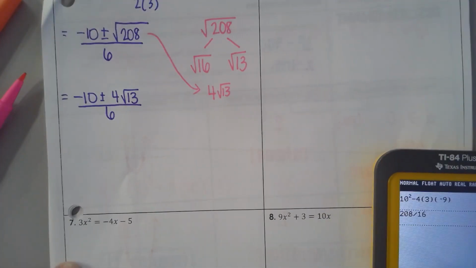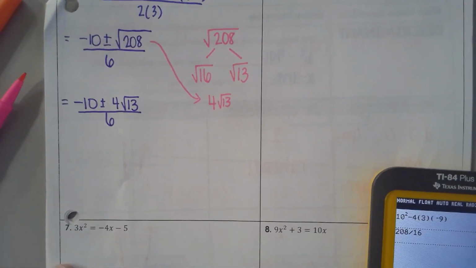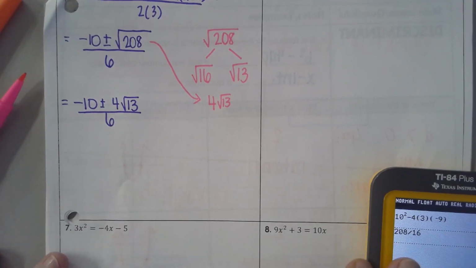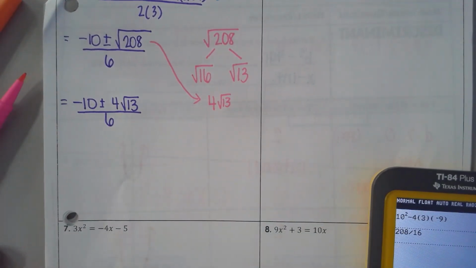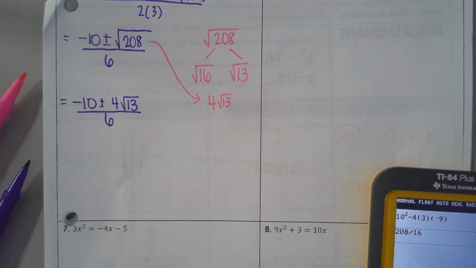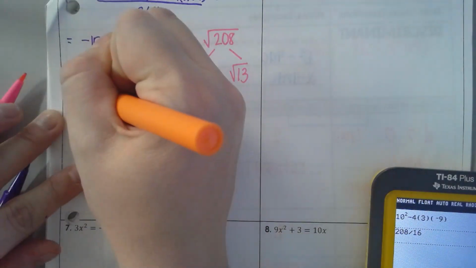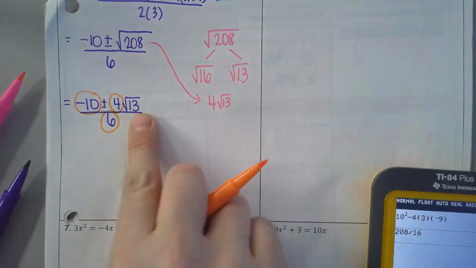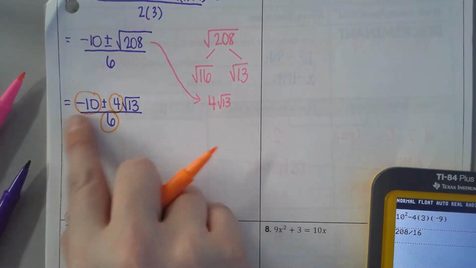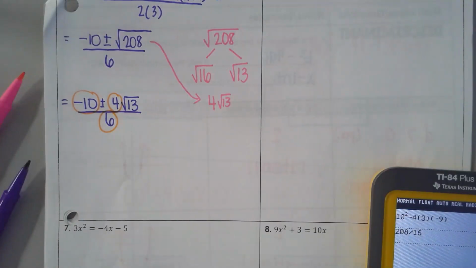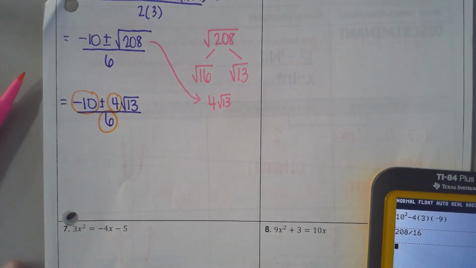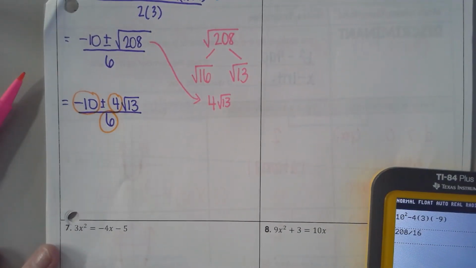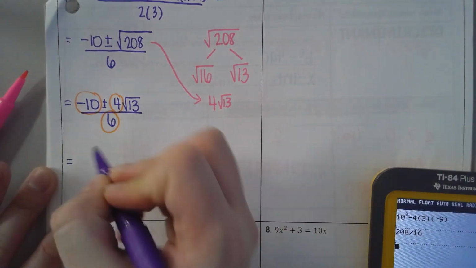Now, we're going to check for one more thing, but this is pretty much where you stop. We're not going to type it in the calculator and get a decimal. The only extra thing that we need to do is we look at these 3 numbers. You ignore the one that's under the square root, and see if you can divide all 3 of those numbers by something. 2. We can divide them all by 2. And that just simplifies it a little bit.